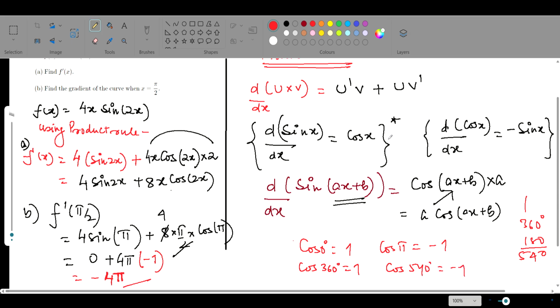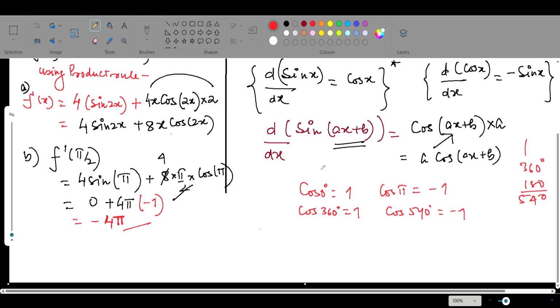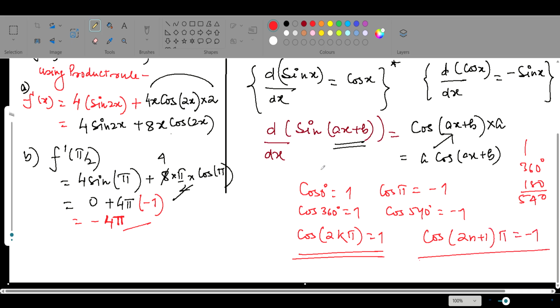So basically all the even multiples of pi, with the cos, that is 2 times k pi, the result is 1. On the other hand, all the odd multiples of pi, that is cos (2n plus 1) pi, the result is minus 1.